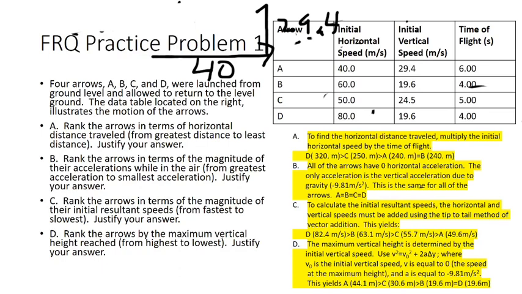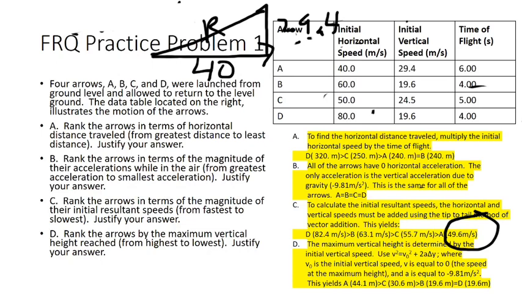We would draw in our resultant from tail of the first vector to tip of the second one. Call that R. And solve for that using the Pythagorean theorem. So when we do, we end up for part A with an initial resultant speed of about 49.6 meters per second. We don't need to calculate the angle here because we're only asking about the speed.